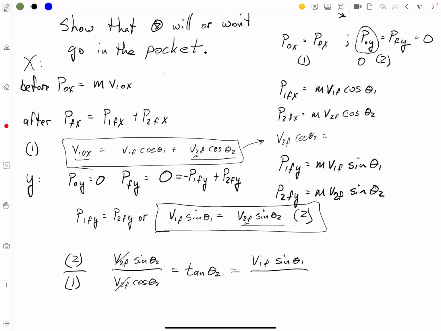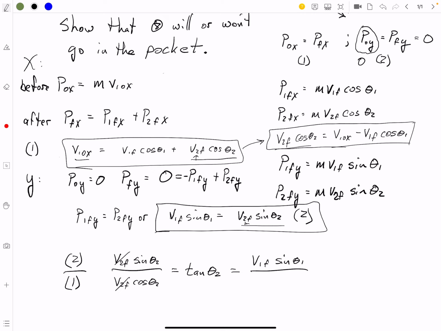That equals v1 naught x minus v1 final cosine theta 1. Okay, so that equals this. This is really our preferred number 2 equation.